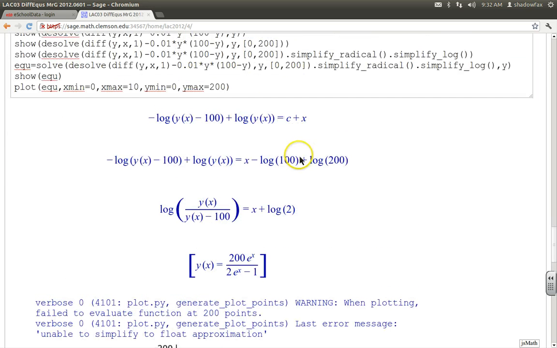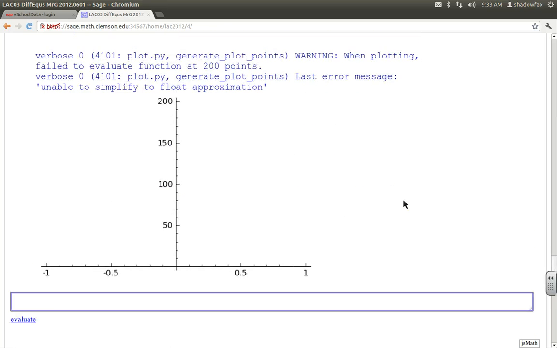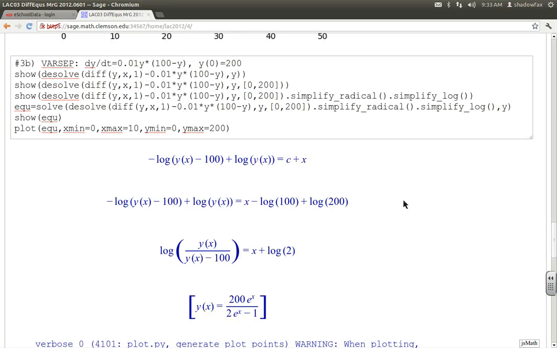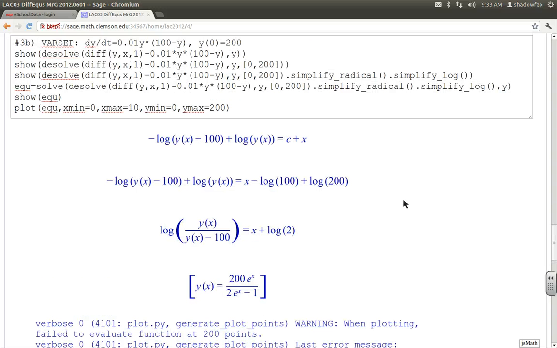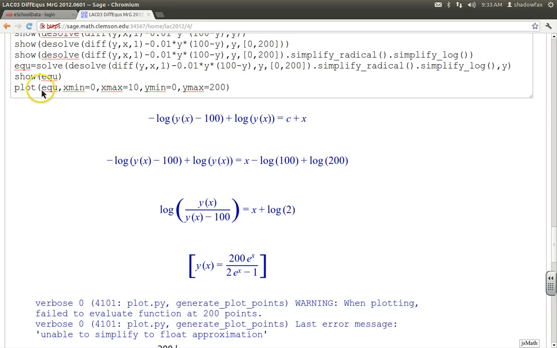And it still doesn't like it. Why? Why wouldn't it plot that? It doesn't like that plot. All right, what the hey? Just type it in then. What is it?